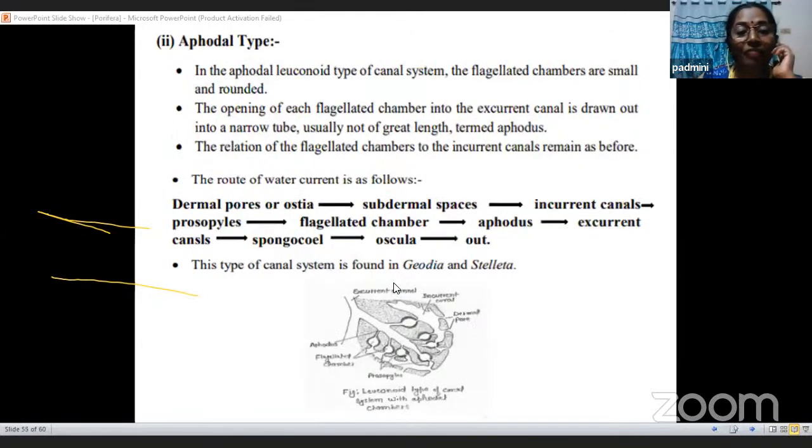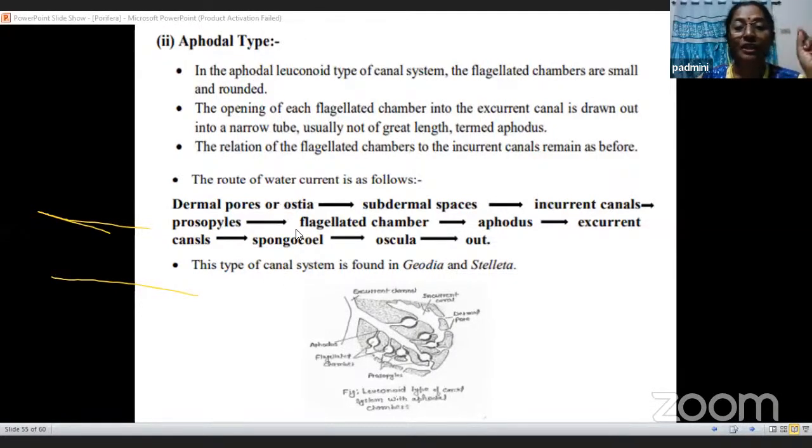When you're coming to the aphodal type of canal system, what is happening over here? A simple one. The chambers are connected with a large incurrent over here. From there, the incurrent is opening into small chambers. From the small chambers, they open into the apopyles, and from there, into the excurrent canal, and from the excurrent canal, they open into the spongocoel, and then the water goes out.